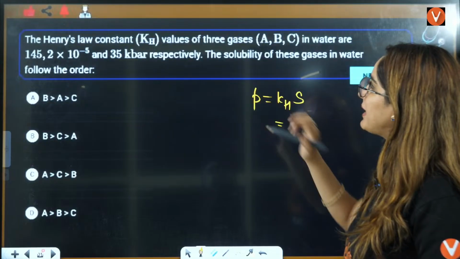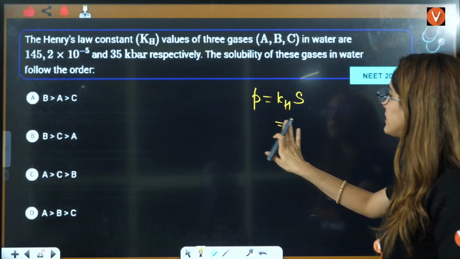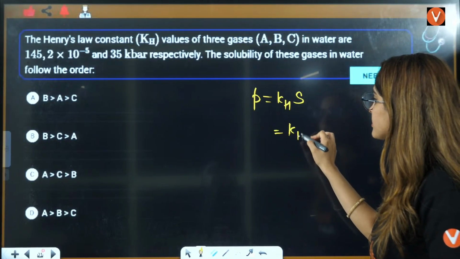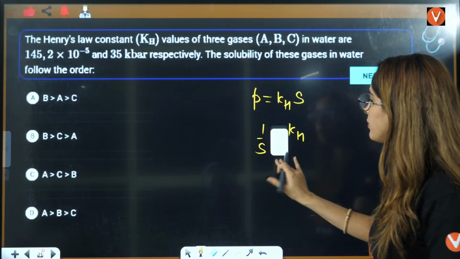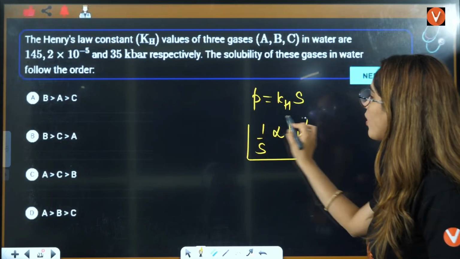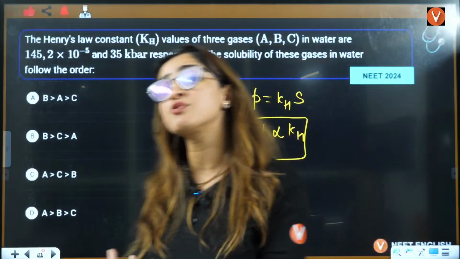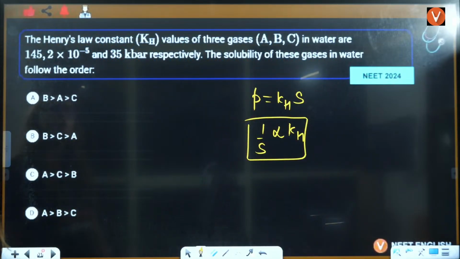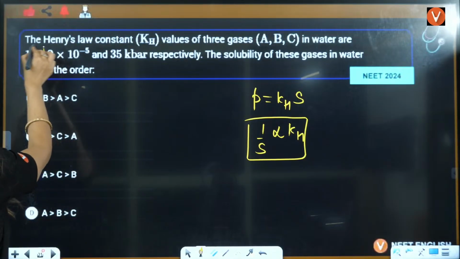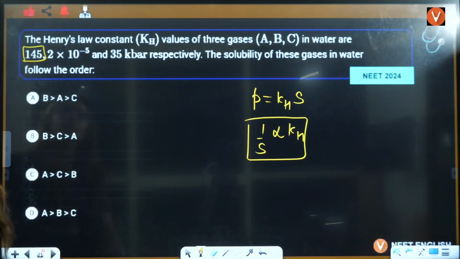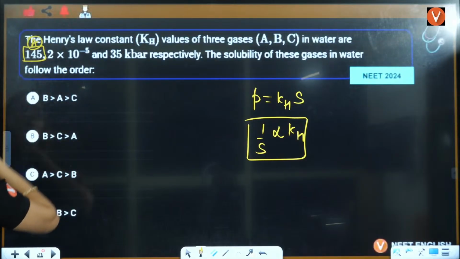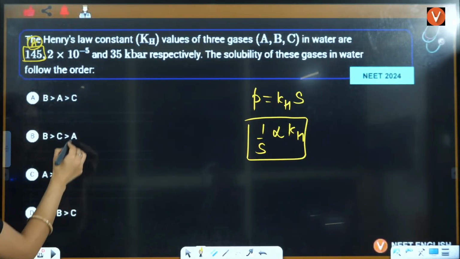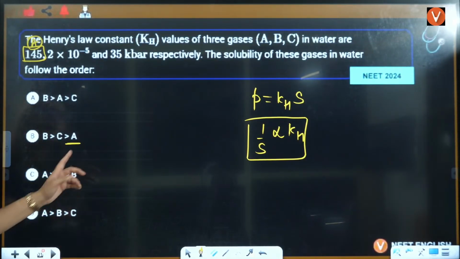If we take P as constant, then can we say that KH is inversely proportional to the solubility? That means the more the value of KH, the less the value of solubility. So the maximum value of KH will be for this one, 145, that is for A, that will have the minimum solubility, right?